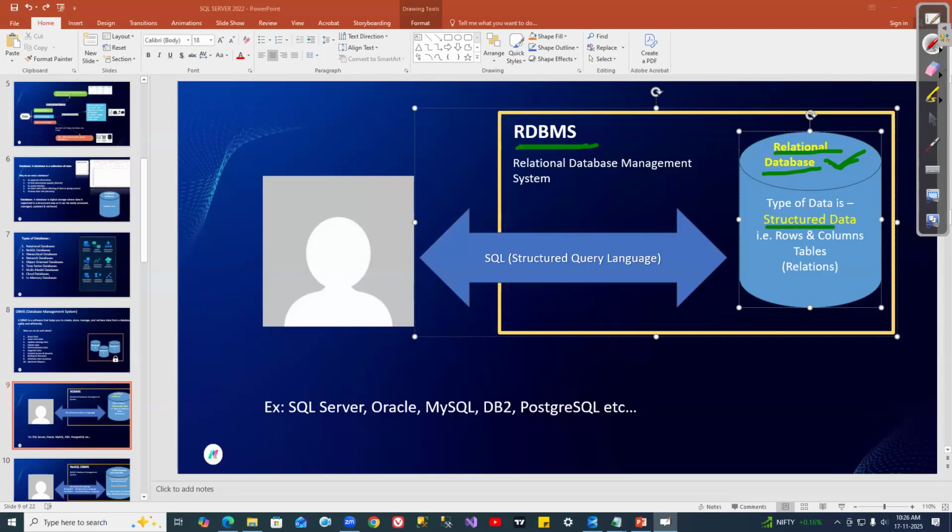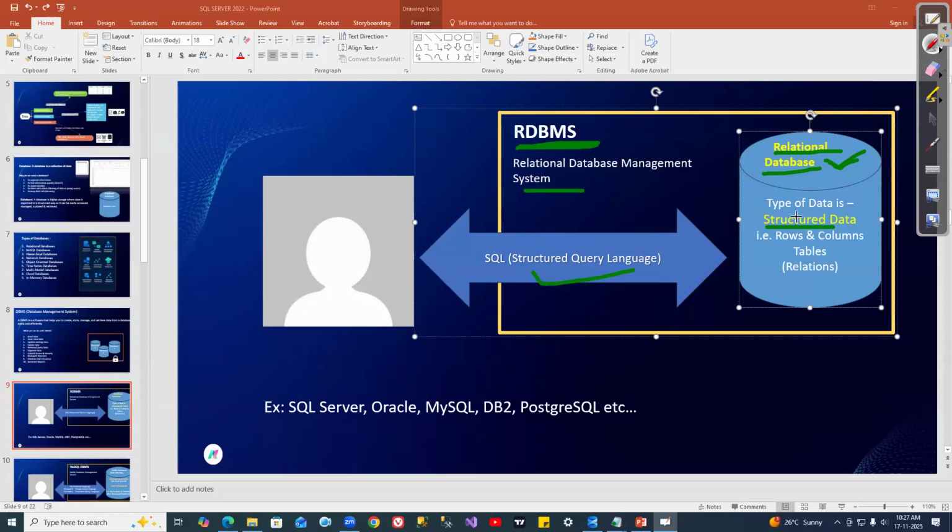To communicate with these relational databases, a powerful language is introduced, called structured query language, SQL.